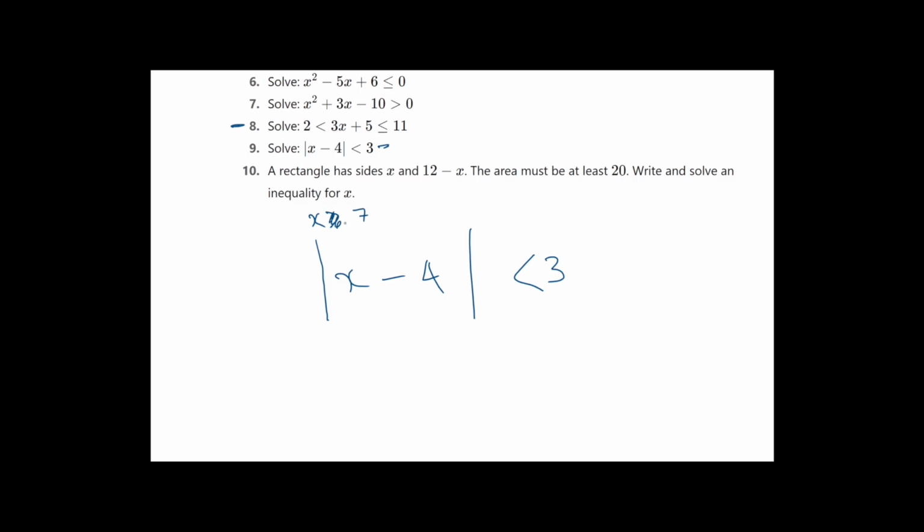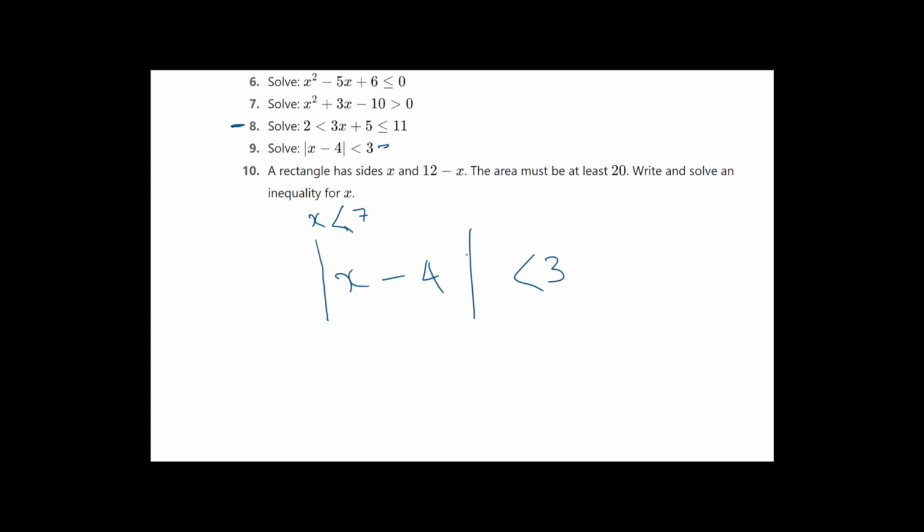So therefore anything number less than 3, let's try that. A number less than 3, so 6. So 6 minus 2 is 2. 2 is indeed less than 3. Okay, so x has to be a number less than 7.